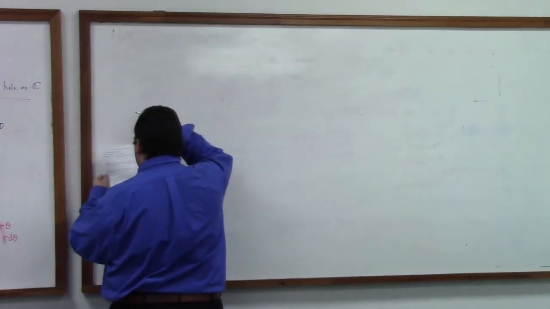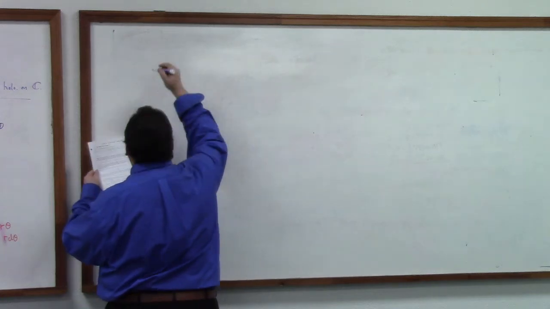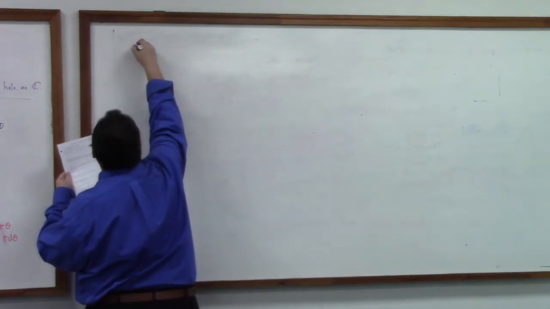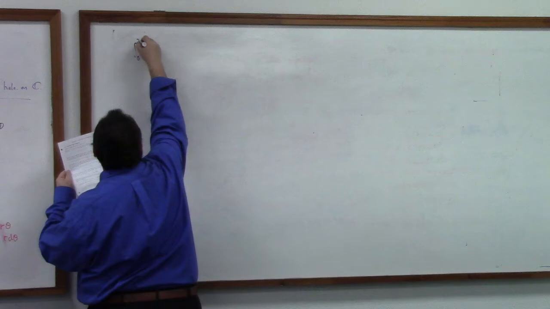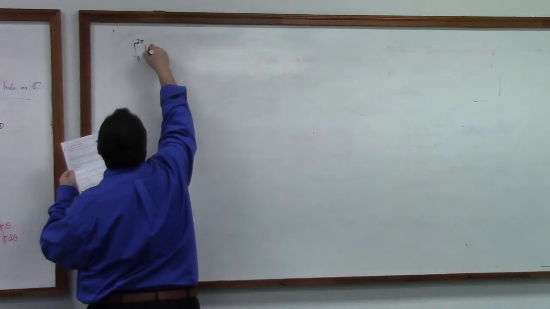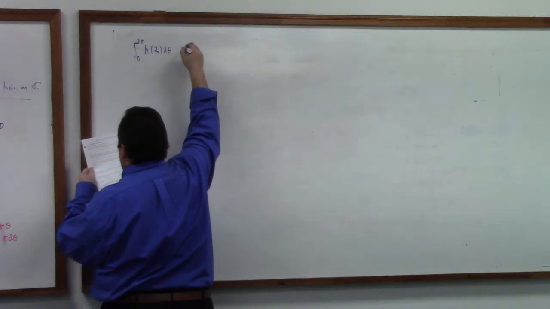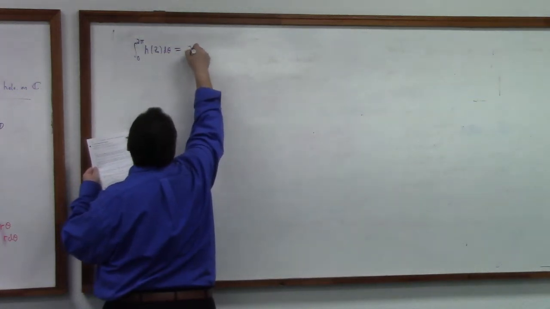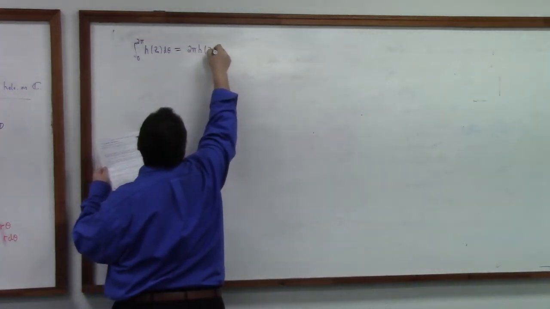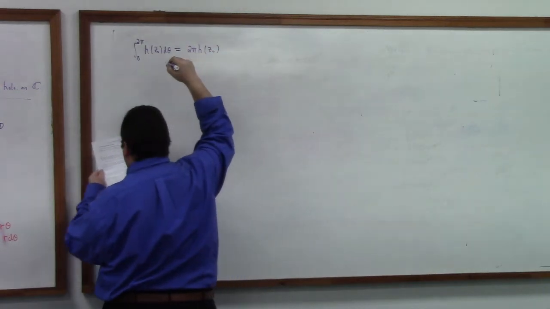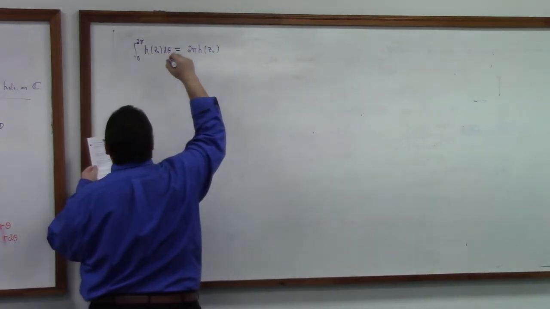So let's see here, some calculations. First of all, the integral from 0 to 2 pi of h of z naught d theta is equal to what? 2 pi times h of z naught, right? Because h of z naught is a fixed constant, whatever it is.